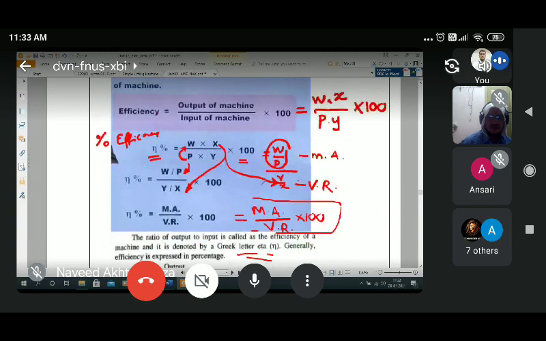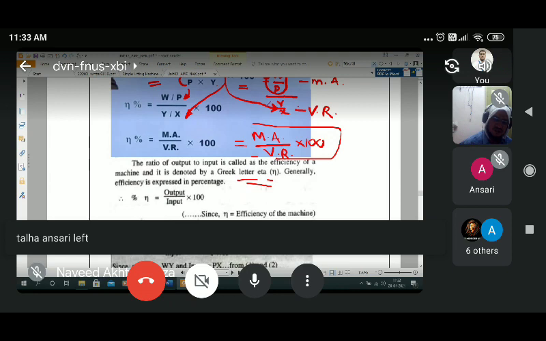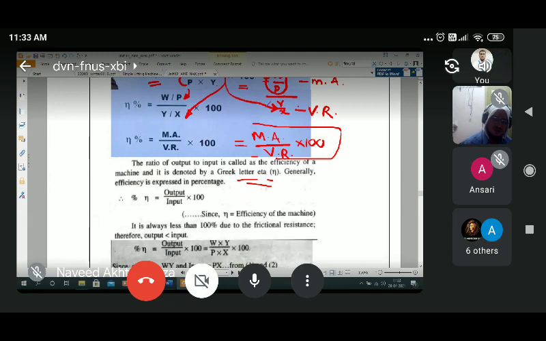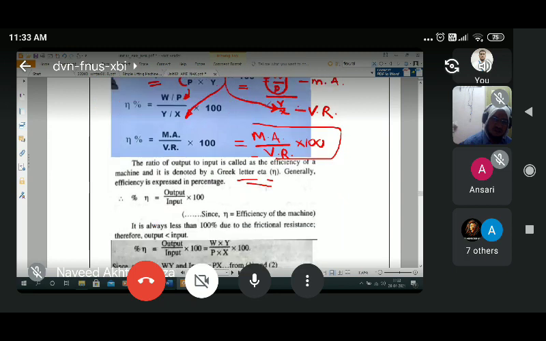The velocity ratio is the ratio of the distance traveled by the effort to the distance traveled by the load, and efficiency is the ratio of mechanical advantage to the velocity ratio in percentage, or you can also say that the output of the machine to the input of the machine is the efficiency of your machine.